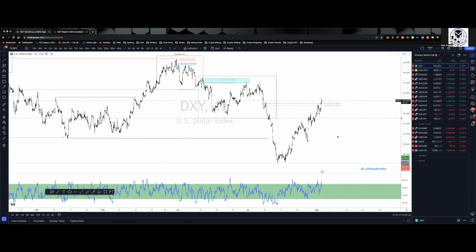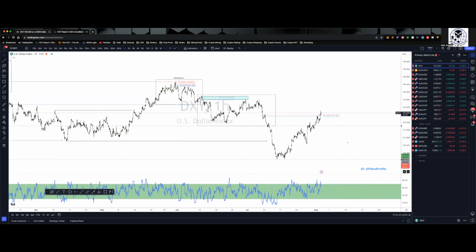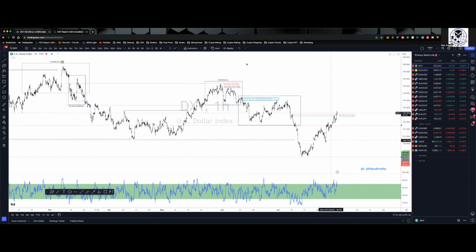Never really gave me an entry to do anything on, but potentially we're going to get an entry, hopefully during London or Frankfurt. Overall, like I said, this is really the crux of where I want to see us do something. If we start to see evidence of sellers coming into the market, this could be the push that gives us a very bearish dollar.